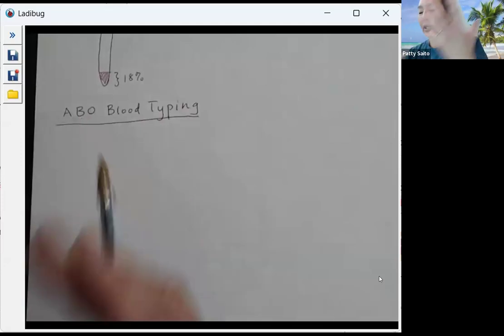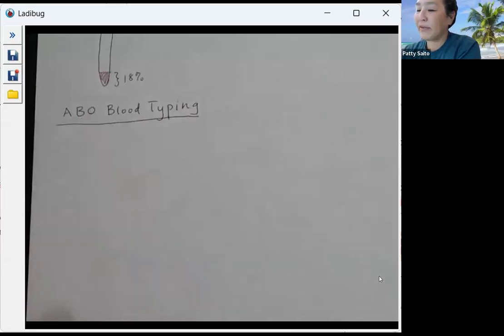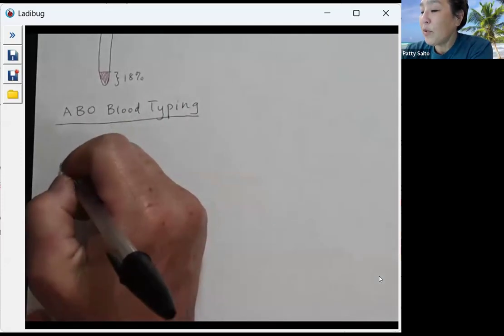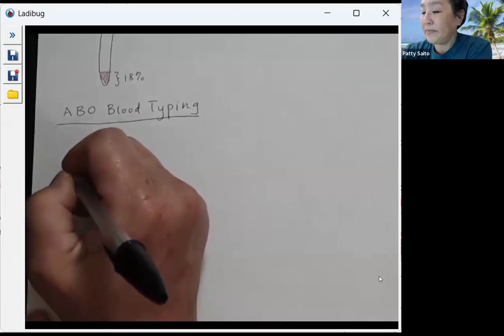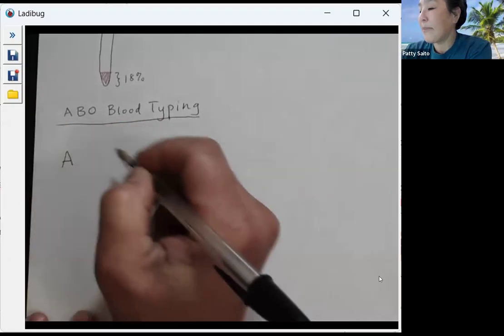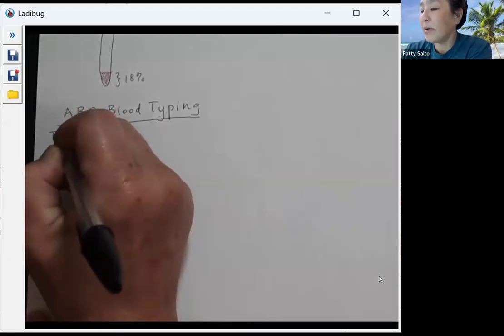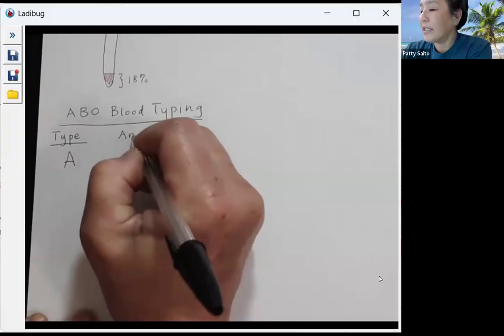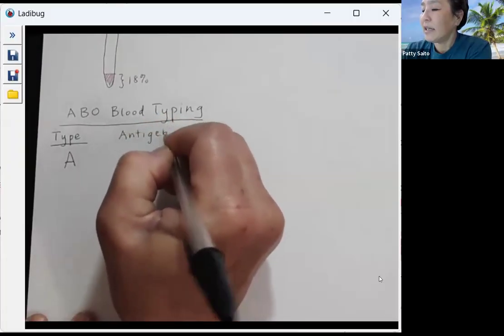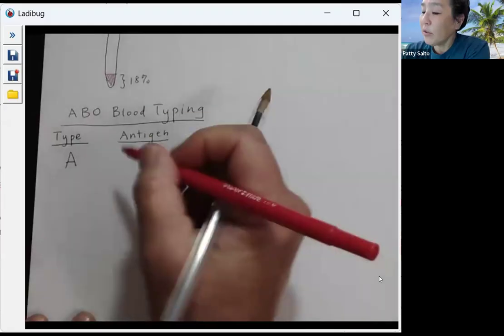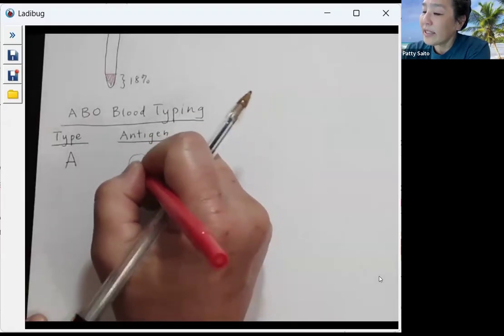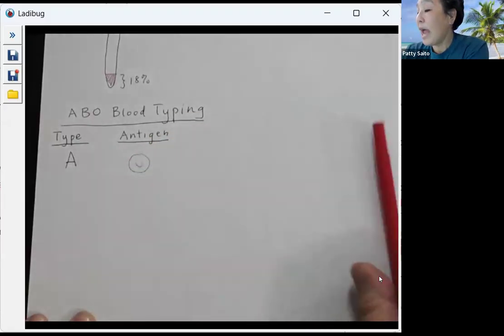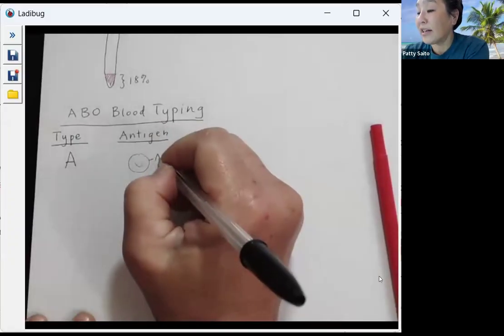These are just terms they give to the different types of antigens. So if you are A type blood, what does that mean? So this is the type, and then the antigen, which means on your red blood cell surface, you have the A antigen on it.